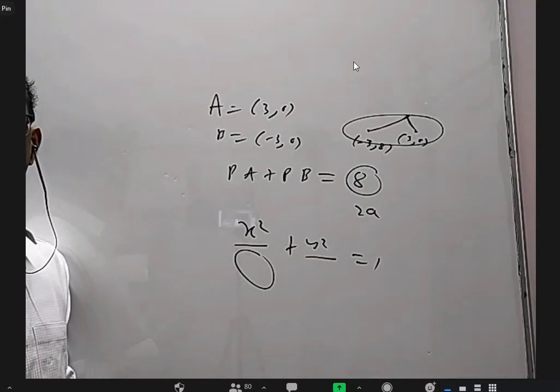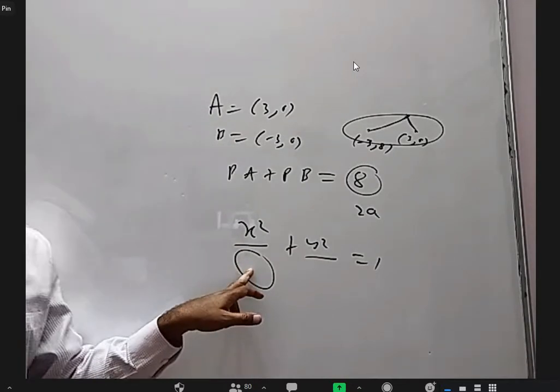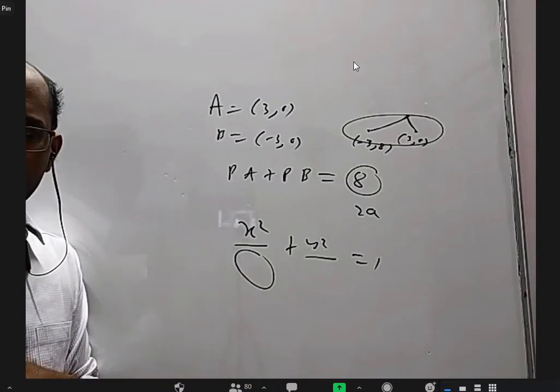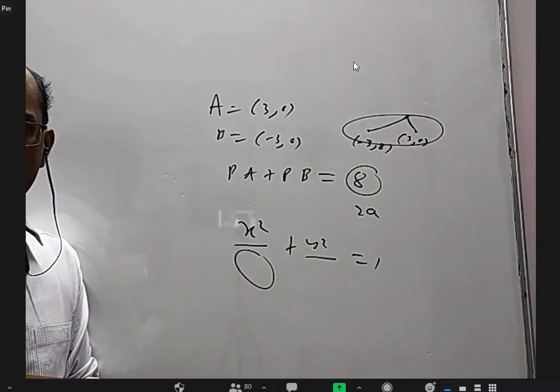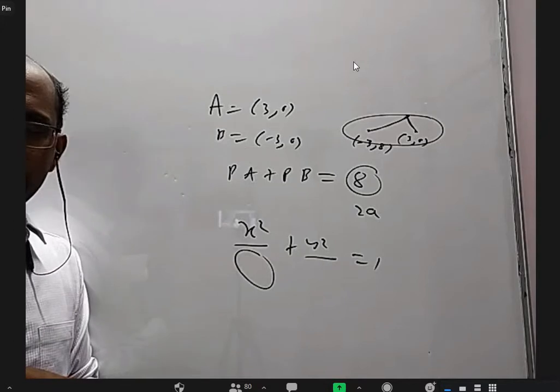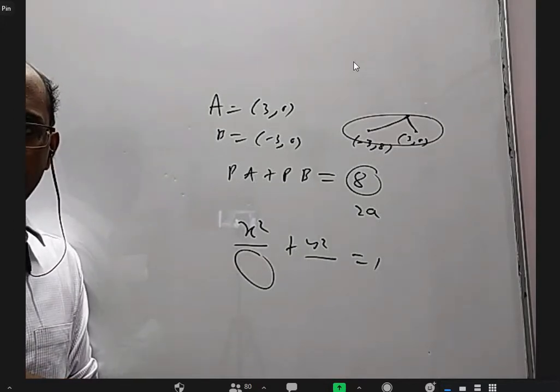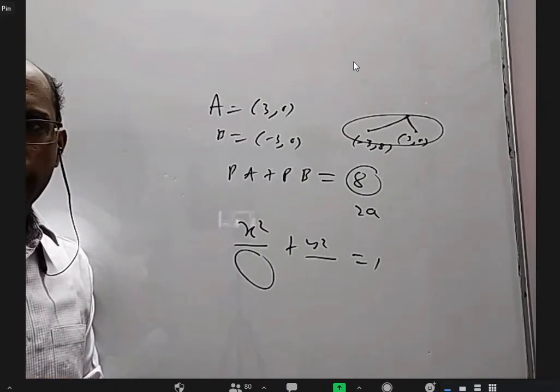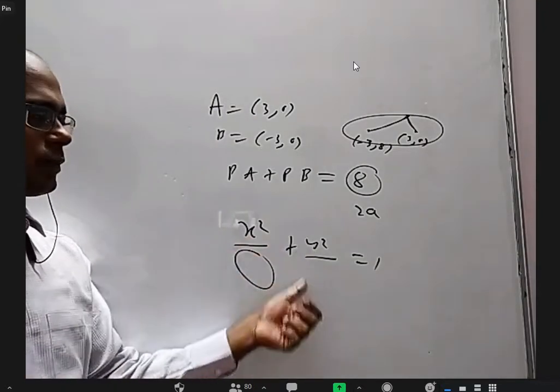What number should I write here? 8. Why 8? What is the standard equation of an ellipse? x square by a square plus y square by b square equal to 1.